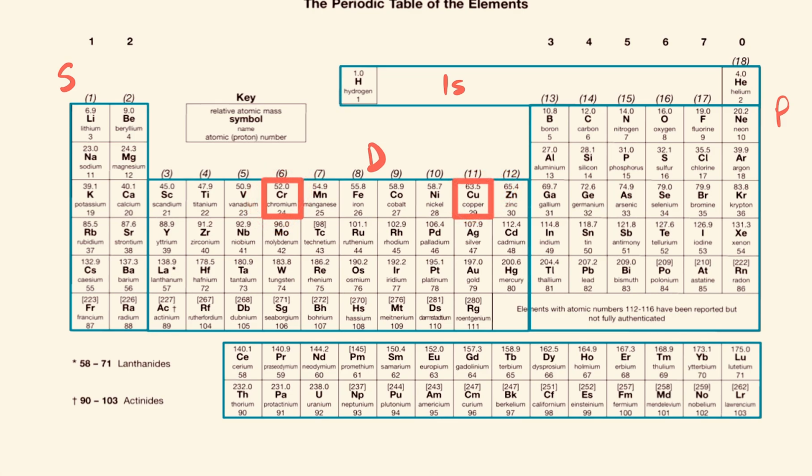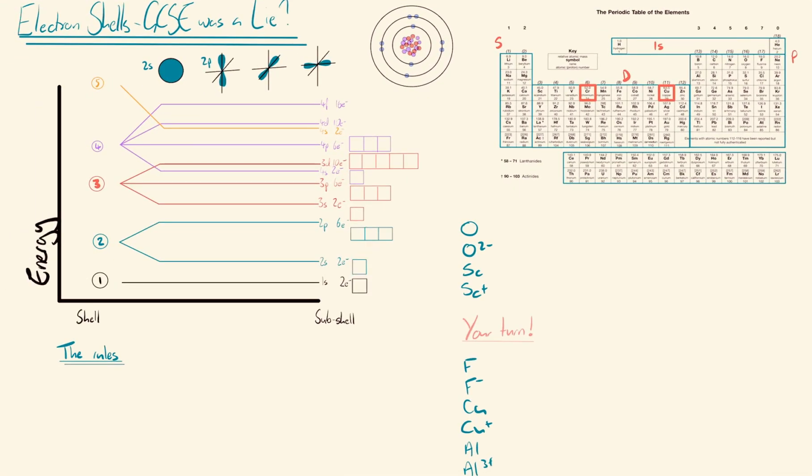You'll notice we talked about 2 electrons in the s orbital, and we've got 2 elements here; 6 electrons, 6 elements; 10 electrons, 10 elements. So essentially, when we're talking about subshells, we're talking about exactly where specific electrons are going. We'll go through some examples that hopefully shed a bit of light on this.